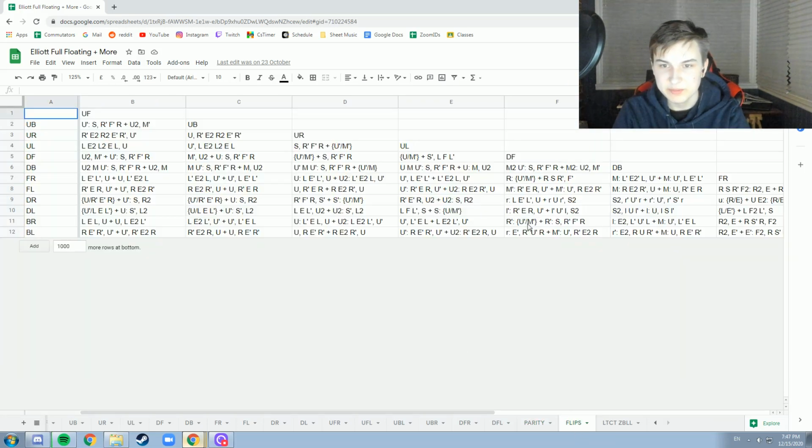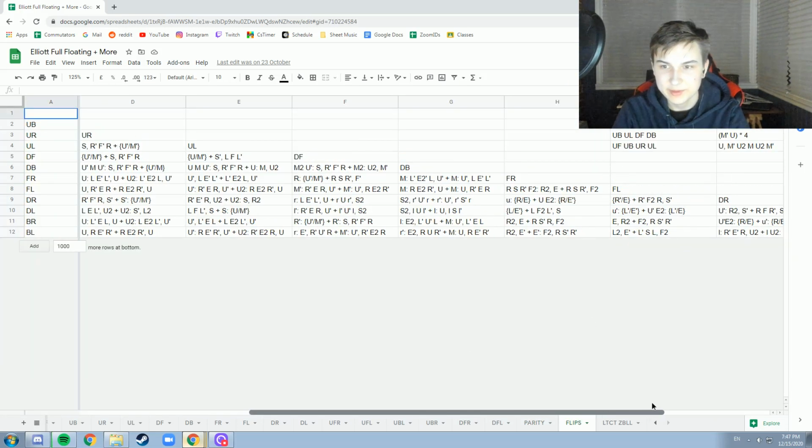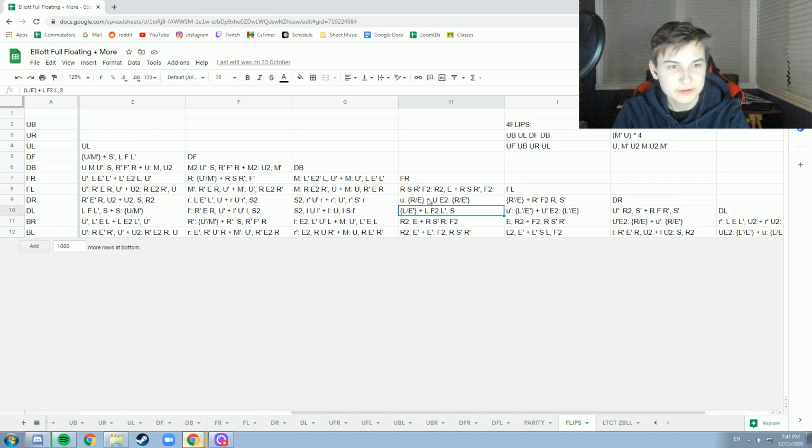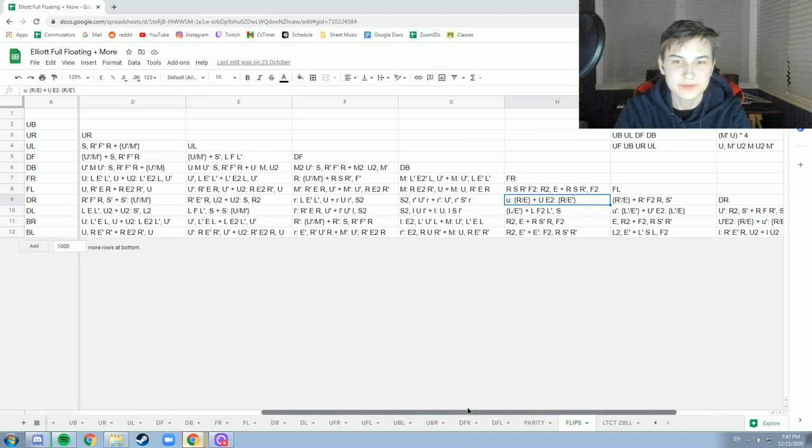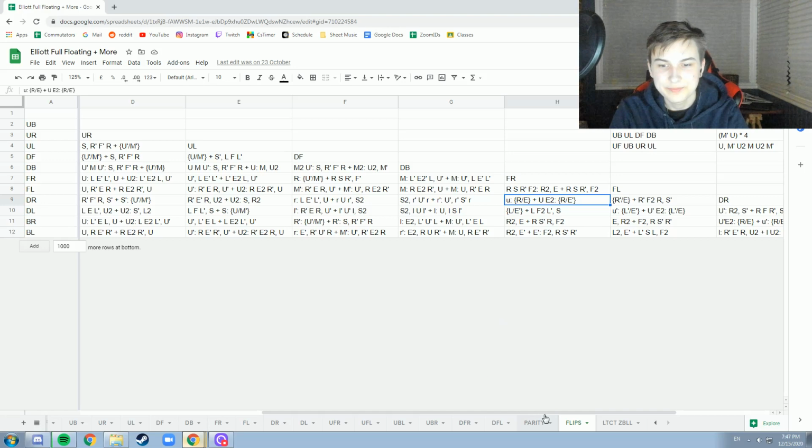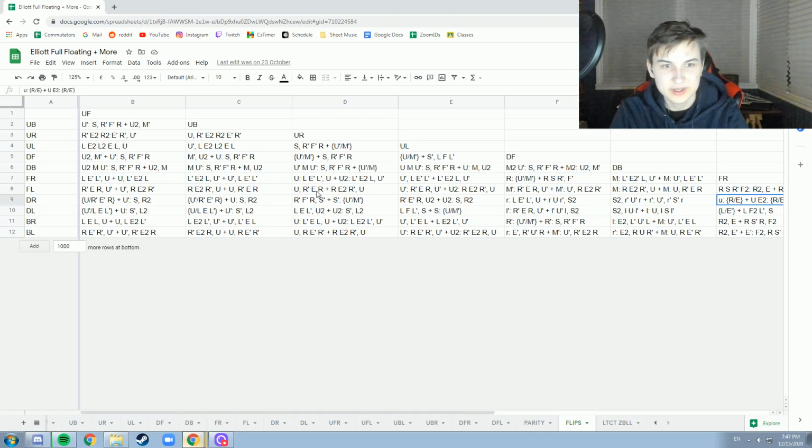Here I put my flips because I have some cool flips, especially one that I yoinked off of Gianfranco, which is this one, DRFR. I don't use it that often because it's rare, but it's cool. It's there. So my flips are interesting. Sometimes I use weird things because I learned it wrong, like UR, DL.